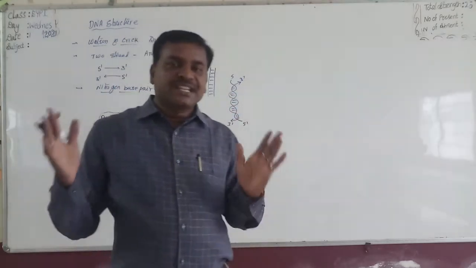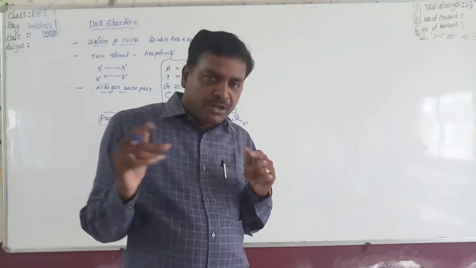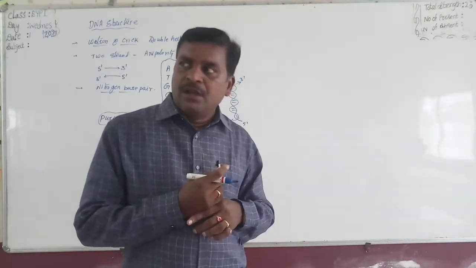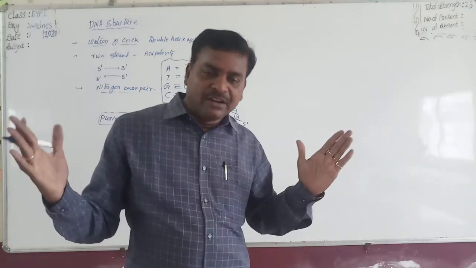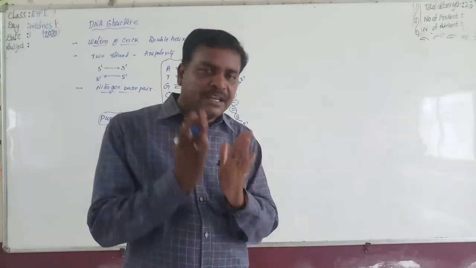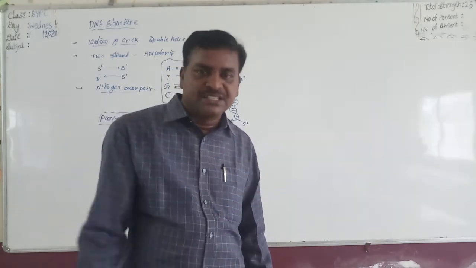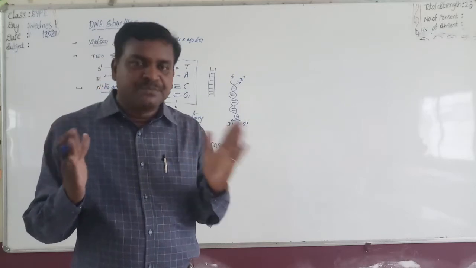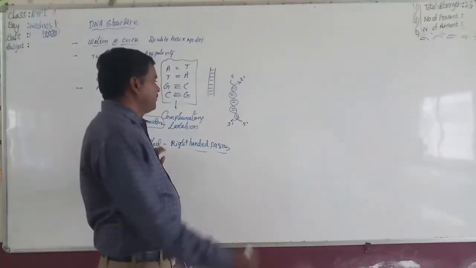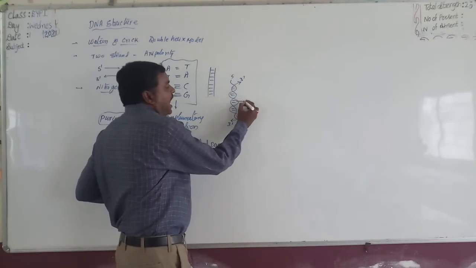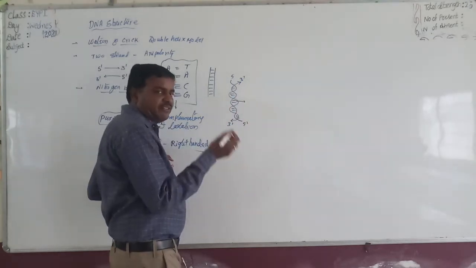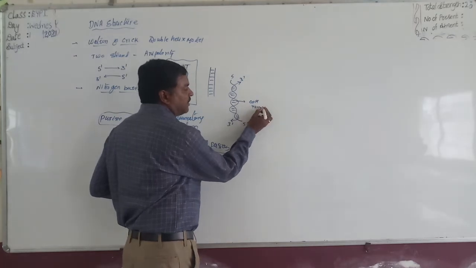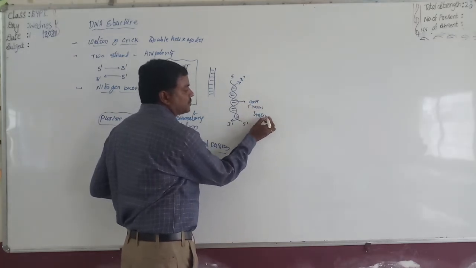So the 2 strands in the DNA molecule are spirally coiled to each other, and held to each other by a number of nitrogen base pairs, the hydrogen bonds present between nitrogen base pairs. Each turn is called a coil, turn or helix.